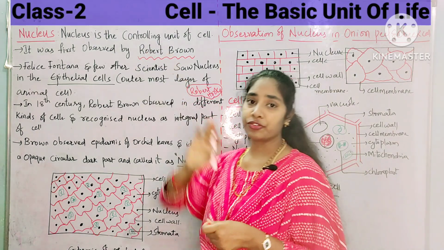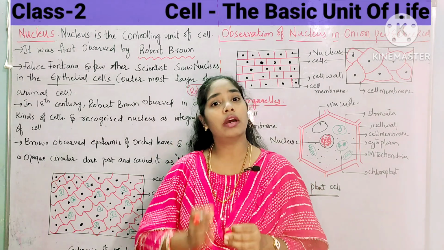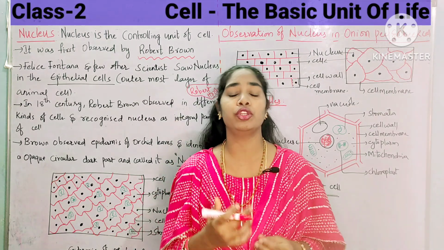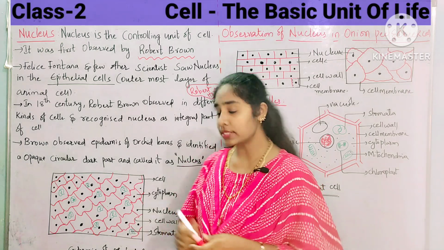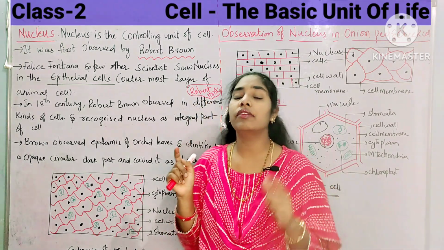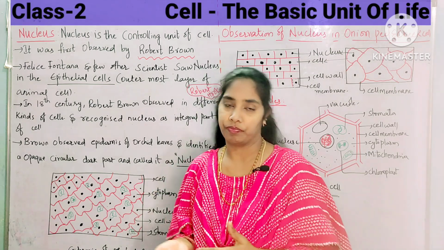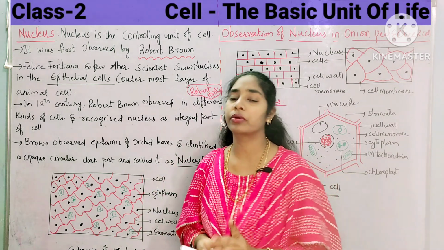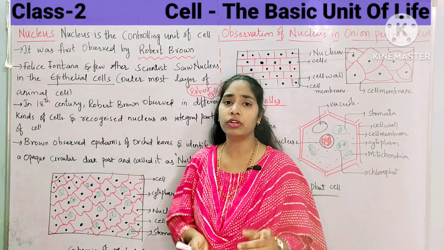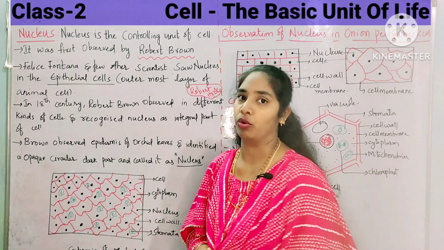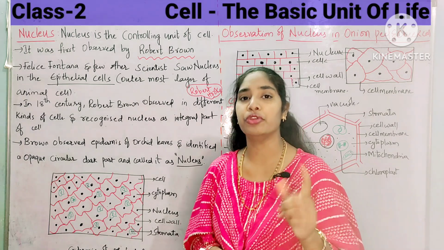So don't forget Robert Brown, who observed the nucleus for the first time, whereas Robert Hooke discovered the cell for the first time. There is a great difference between Robert Hooke and Robert Brown. First there was Robert Hooke, later followed by Robert Brown, who identified the nucleus.